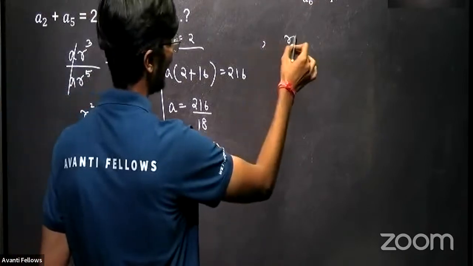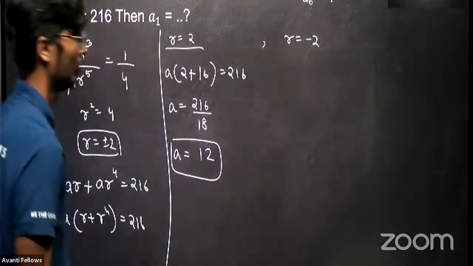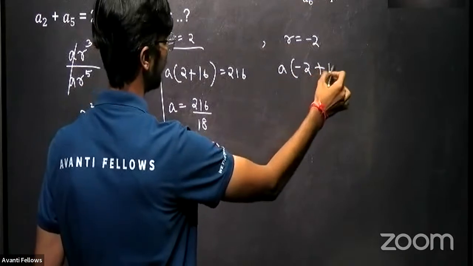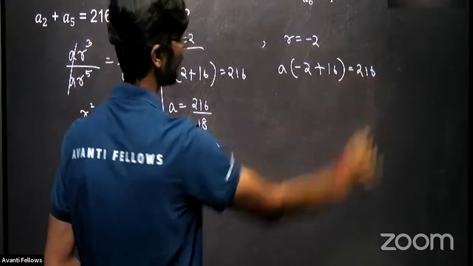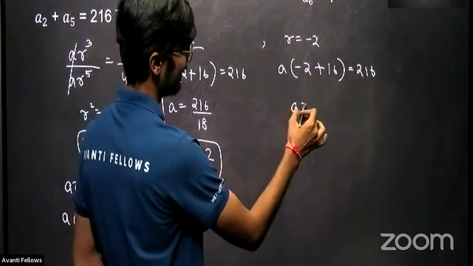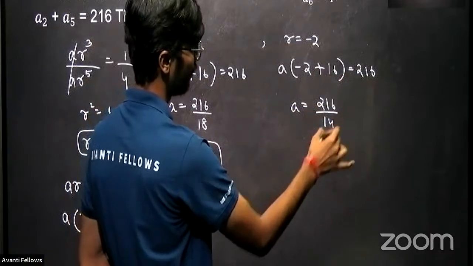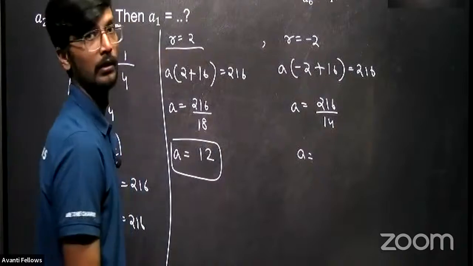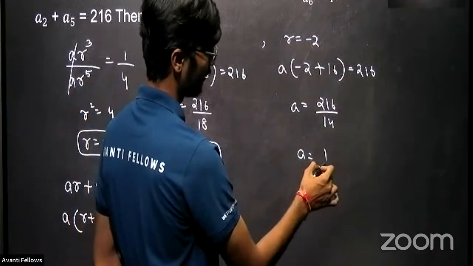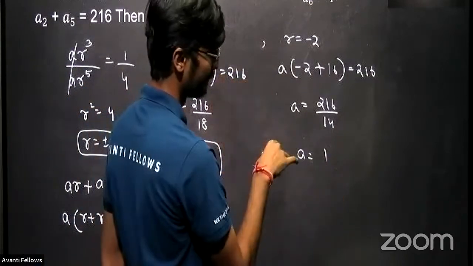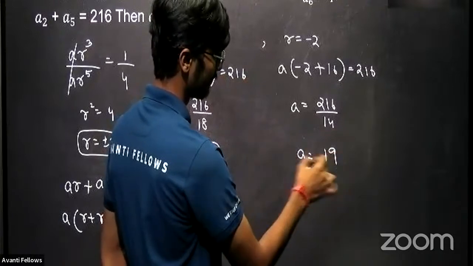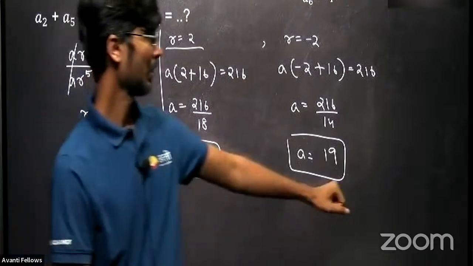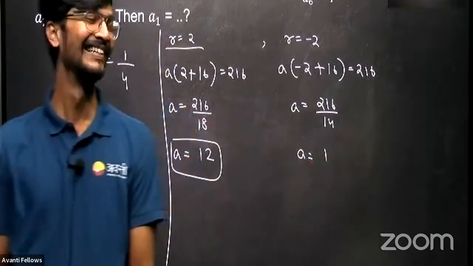And if R equals minus 2, I'll get A into minus 2 plus 16 equals 216. So that means A is 216 upon 14. Do you know the table of 14? 14 ones are 14... I don't know it myself.